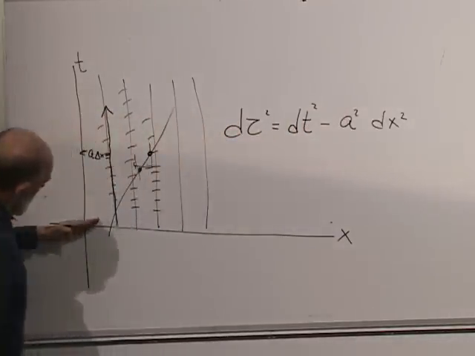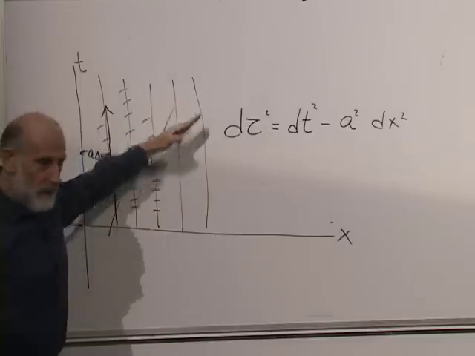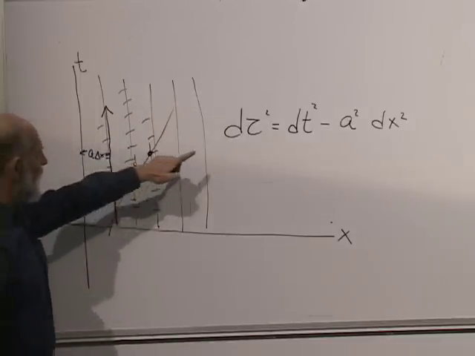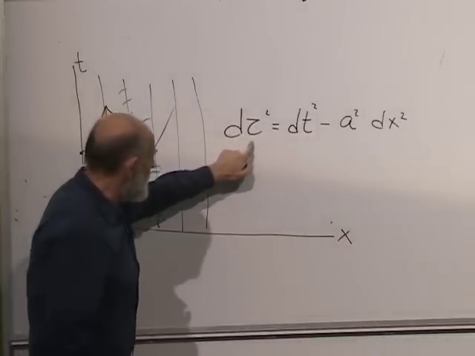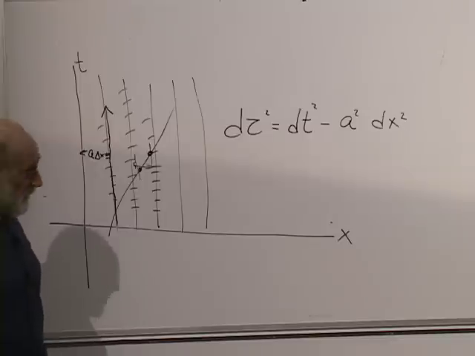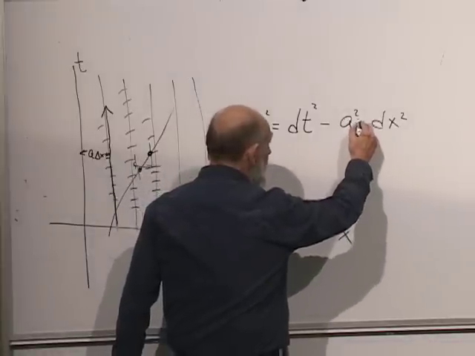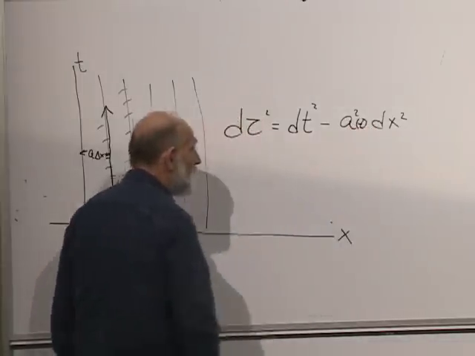But if a point is moving through the galaxies from one point to another, then the proper time is d tau squared equals dt squared minus a squared dx squared. This becomes the spatial distance, and a may depend on time.